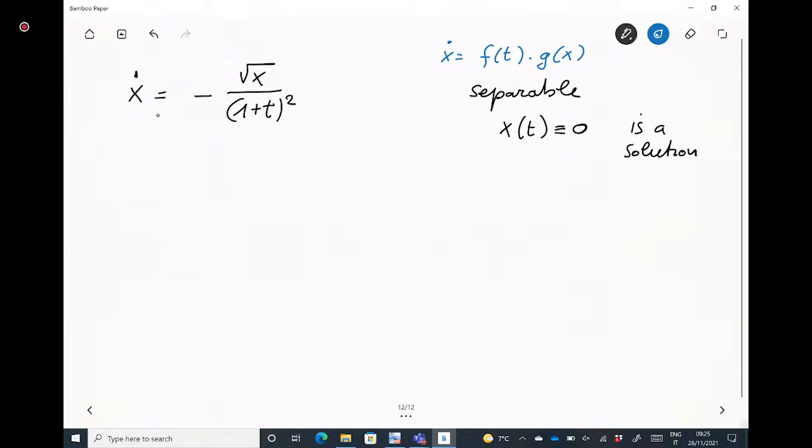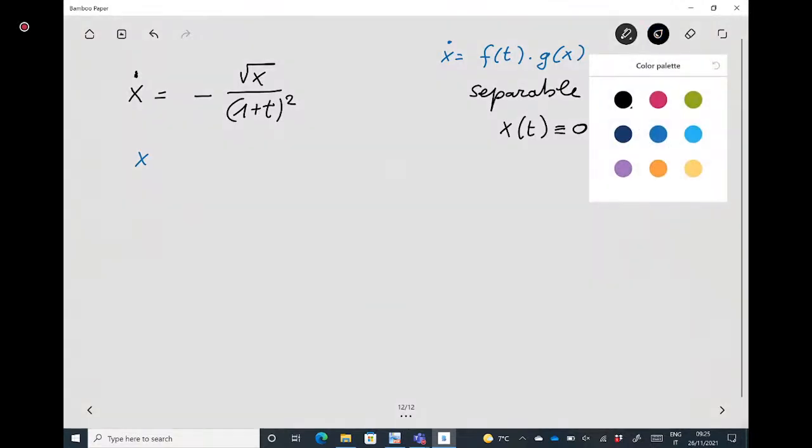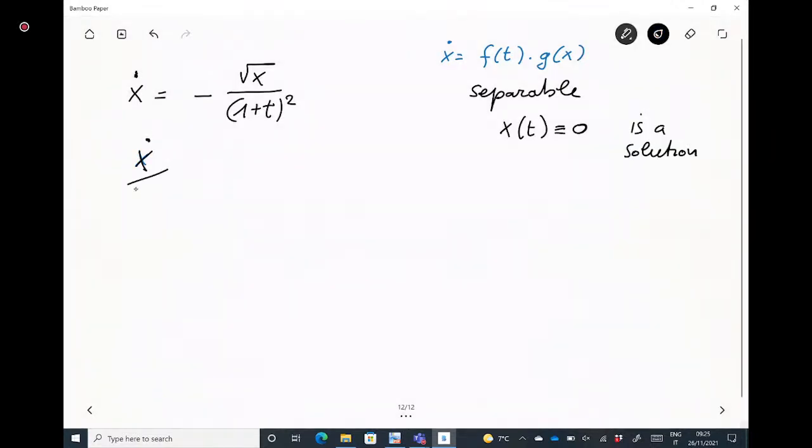Dividing both sides by square root of x, I write here x dot divided by square root of x is equal to minus 1 over (1 plus t) squared, or if you like, x dot times x to the power of minus 1/2 is equal to minus 1 over (1 plus t) squared.